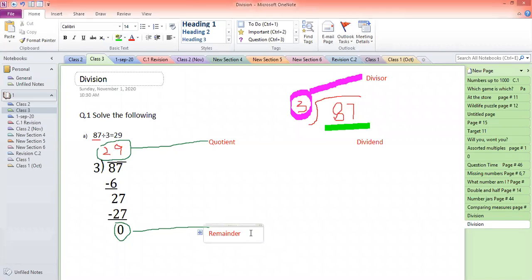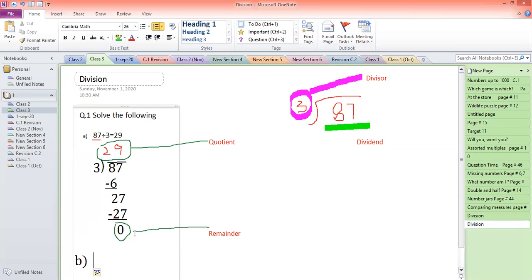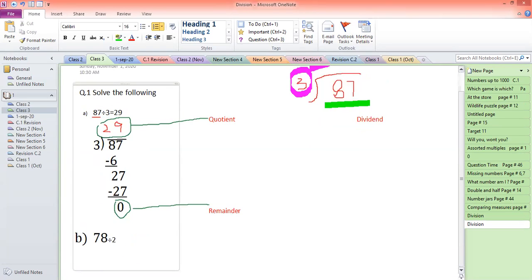So the next question is B, and this is now 78, sorry, 78 divided by 2. 78 divided by 2 equals what? Yes, guys, please solve it.